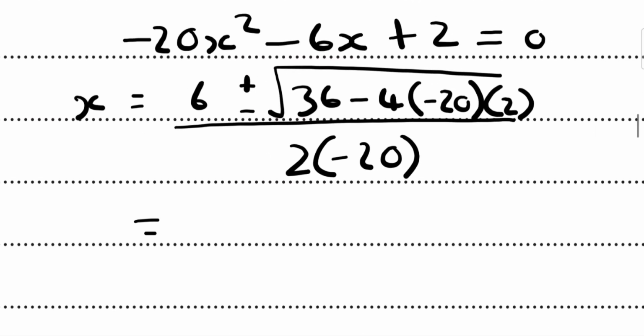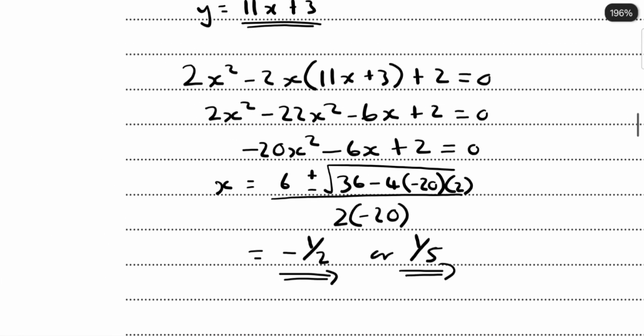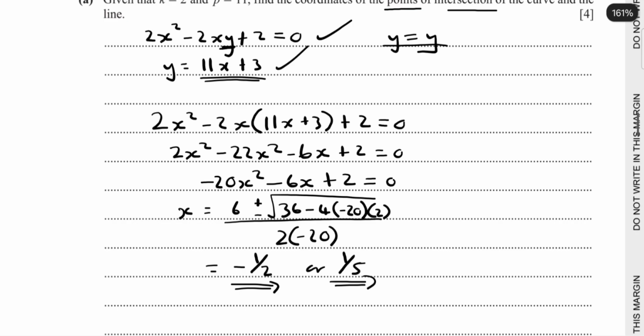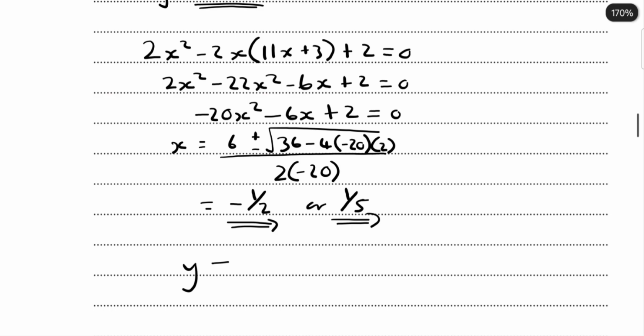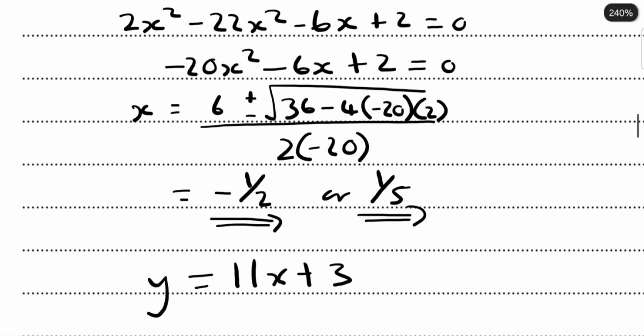And this gives us x equals minus half or a fifth. So we're going to substitute these values into either of these equations, but most preferably this one. So we'll be using y equals 11x plus 3.